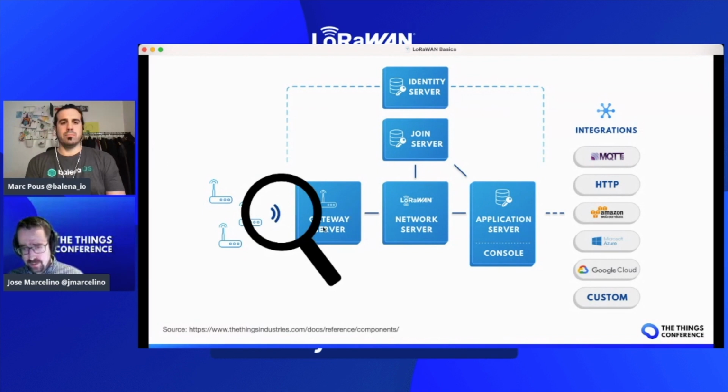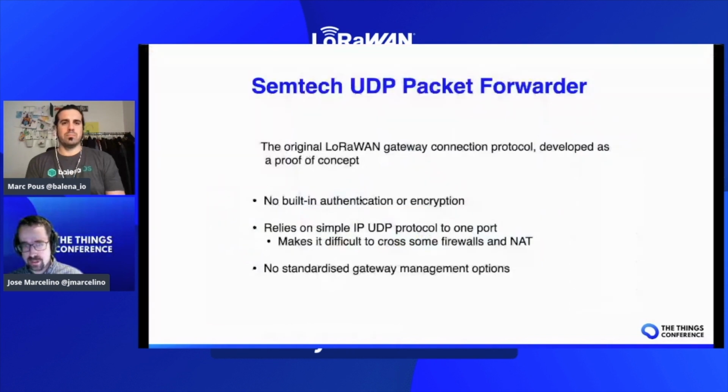People don't really care much about this part, but it's really important because it connects the gateways, the outside world, to your application. For this part where the gateway connects to the network server, there are two main protocols.